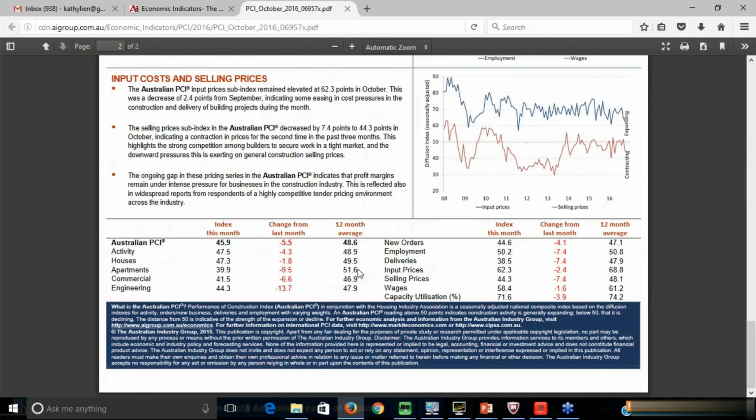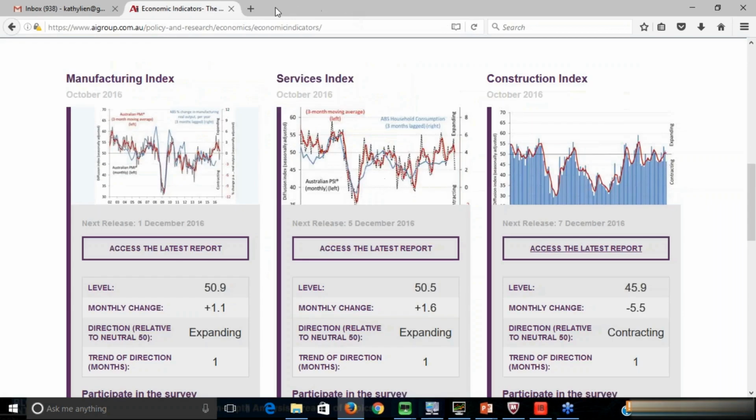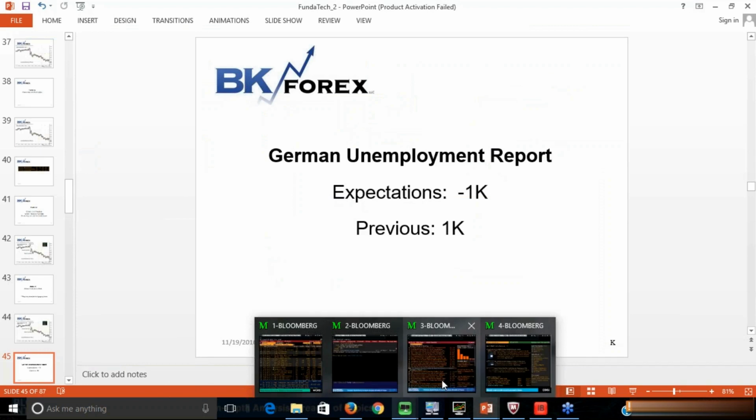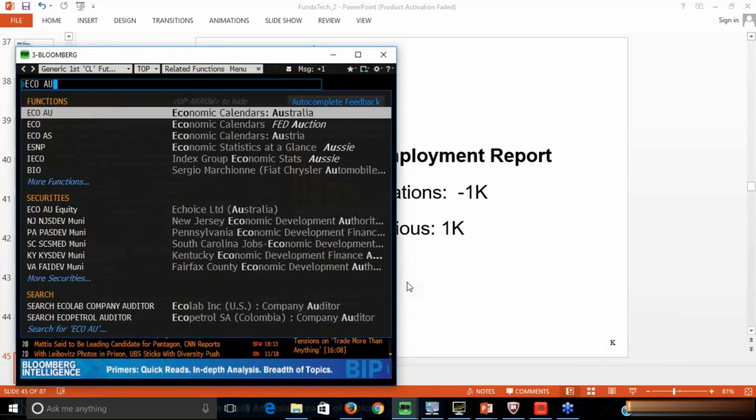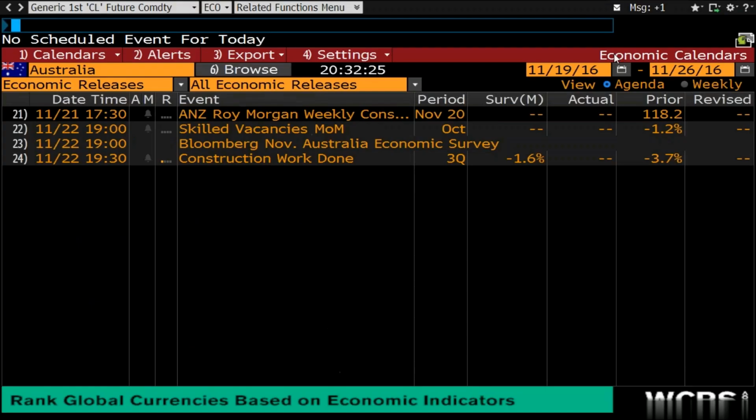Construction is less significant. If you have services and manufacturing agreeing, then it's good enough, but you want all three agreeing ideally. In this case, construction was slightly weaker. So I would say this would give us not a top tier confidence, but a level 2 confidence. So let's take a look at the most recent Australian employment report, which was this past week.